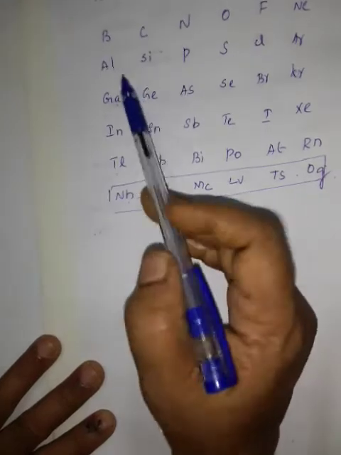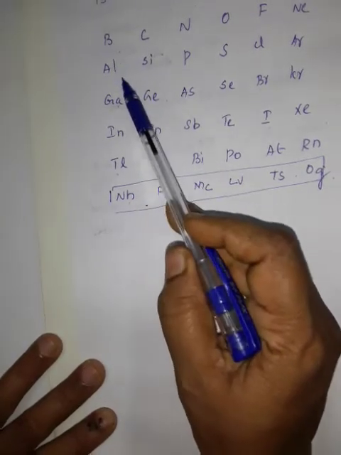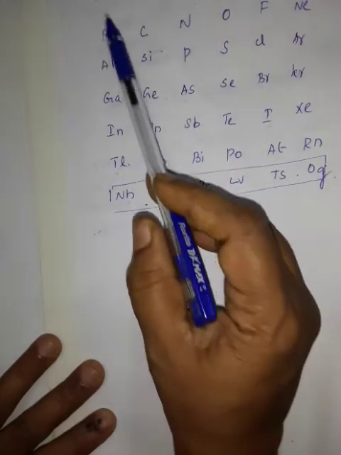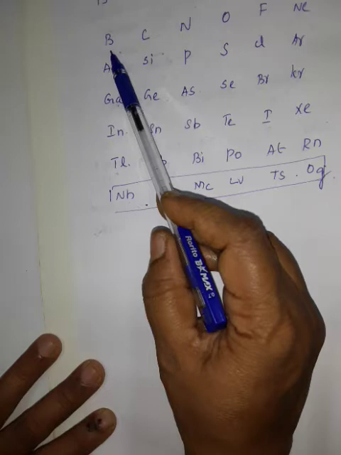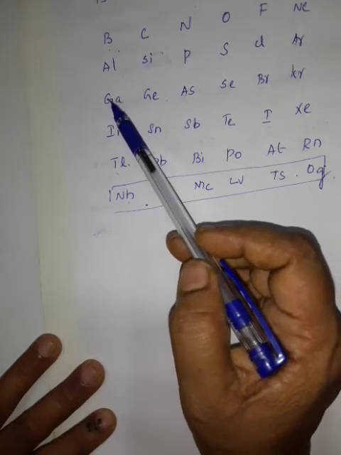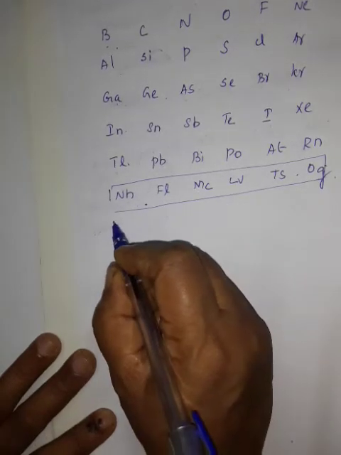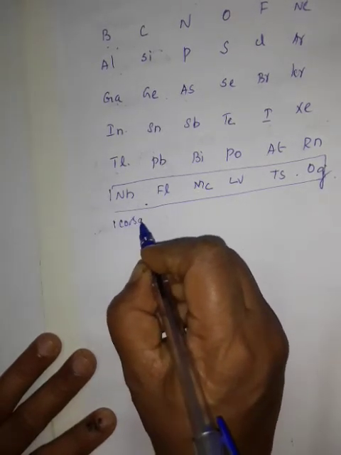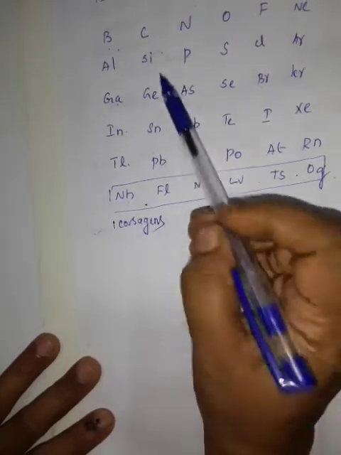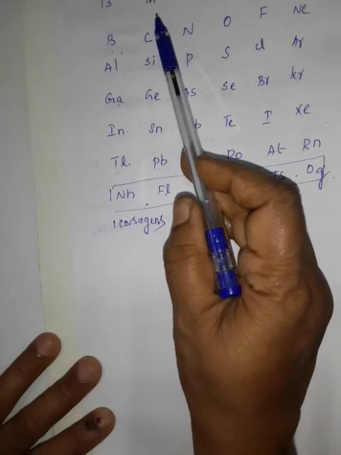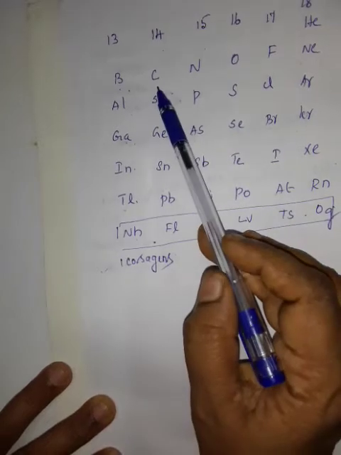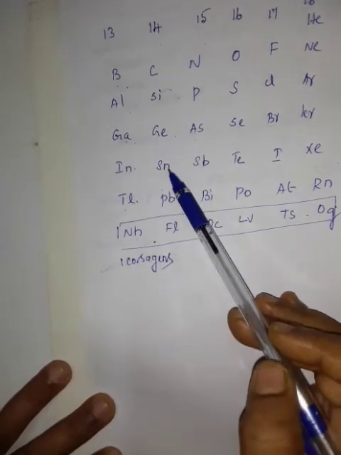Then apart from this, the 13th group: boron, aluminium, gallium, indium, thallium. The 13th group, or boron group, has the starting element boron, so it is also called the boron group, or it is also called the icosagens group. Then the 14th group, or carbon group: carbon, silicon, germanium, tin, lead.